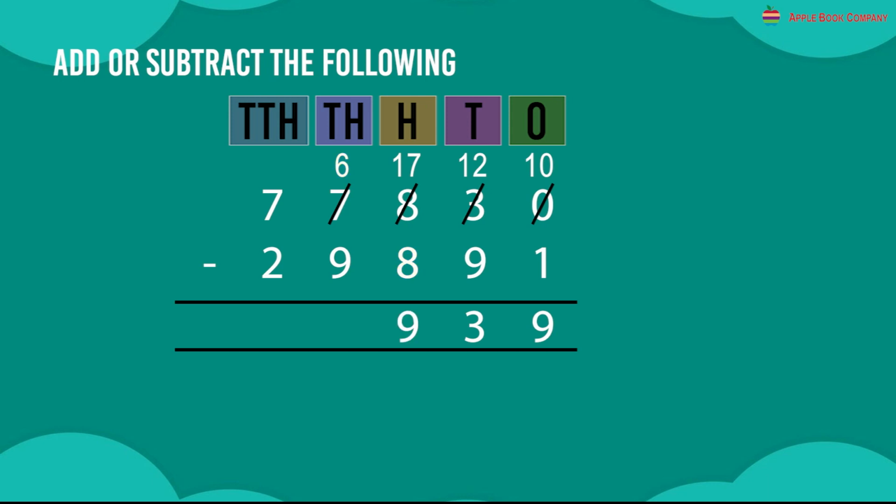Since 6 is less than 9, carry 1 from 10,000's place. 7 becomes 6 and 6 becomes 16. 16 minus 9 is 7. 6 minus 2 is 4. Therefore, the number we got is 47,939.